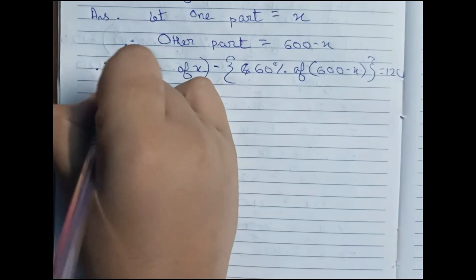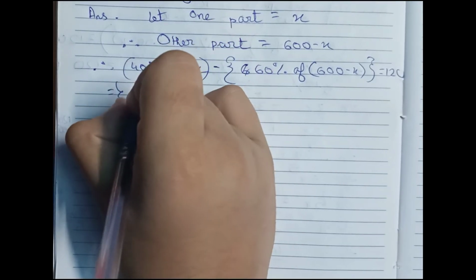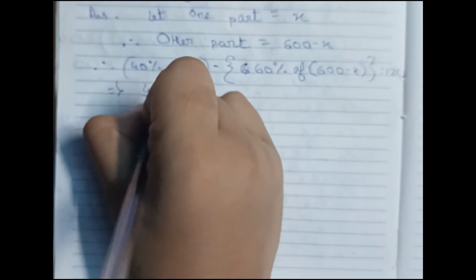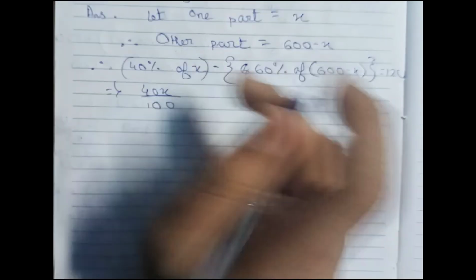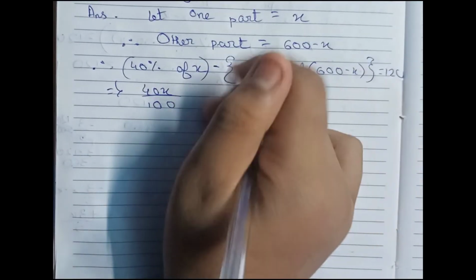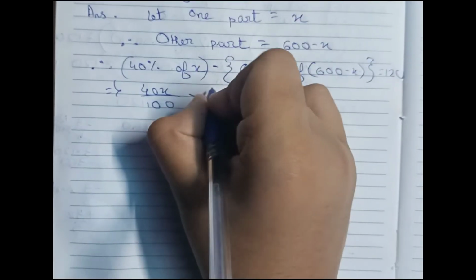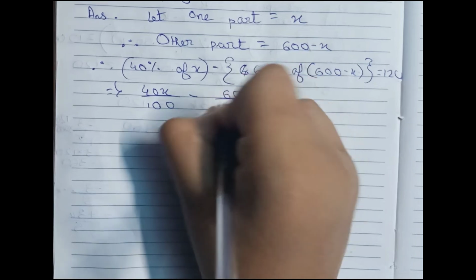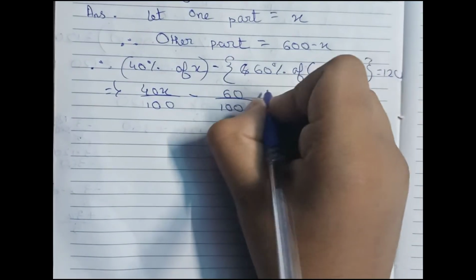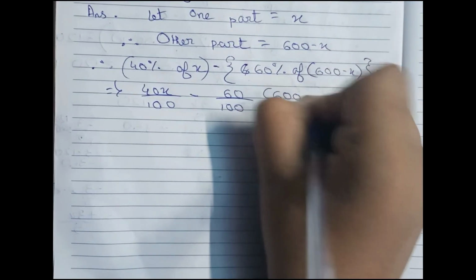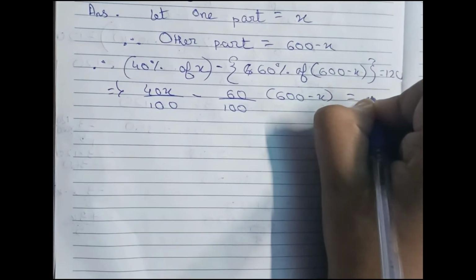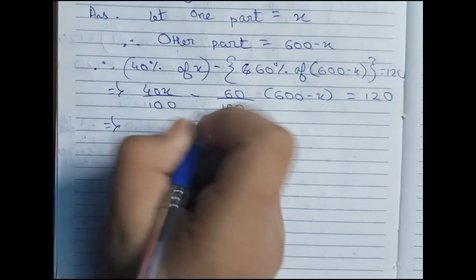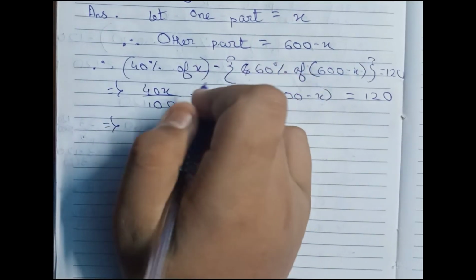So now I solve this. Now 40% of x, that means we can write it as 40x by 100, as 40% means 40 by 100 into x. That will be 40x by 100 minus, now in this line we can write 60 by 100 and we keep 600 minus x in bracket, as this will be easier for us to calculate, equals to, now first we cut these numbers.